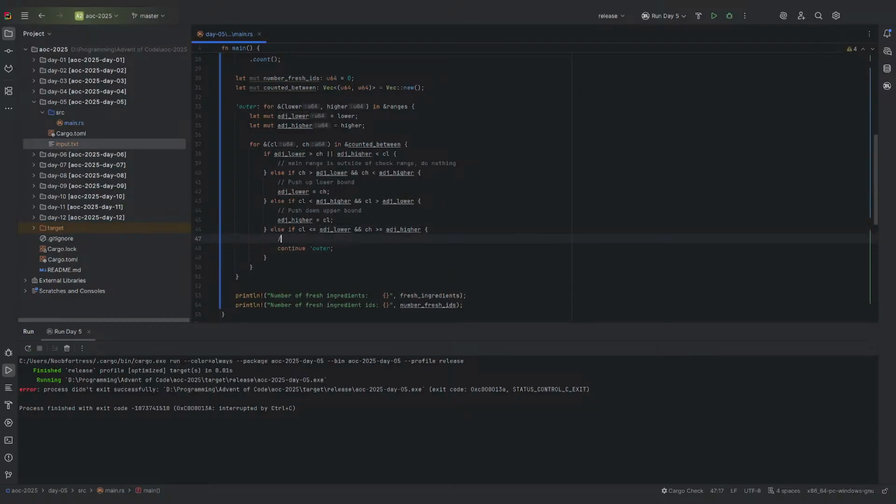Document. If higher ends up less than or equal to lower, also continue outer.